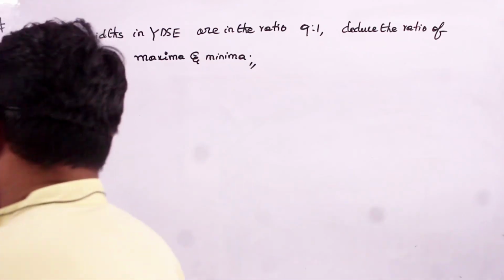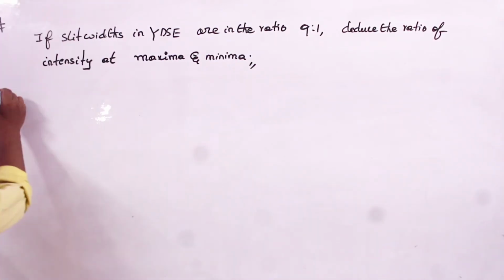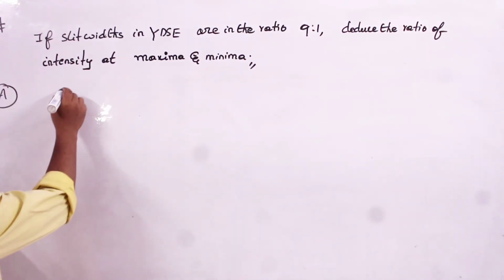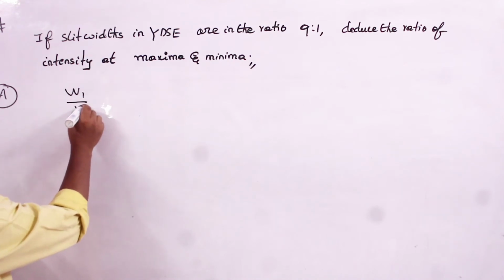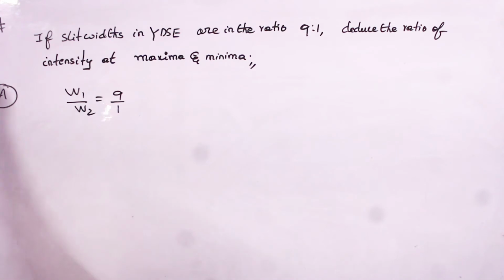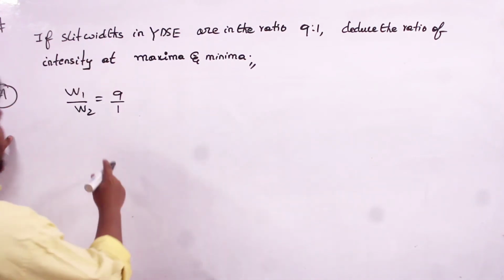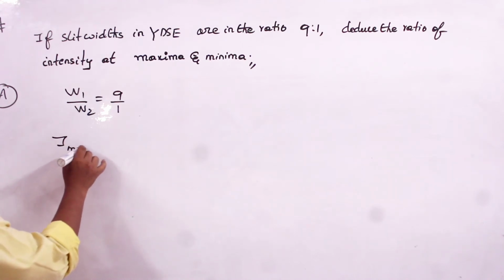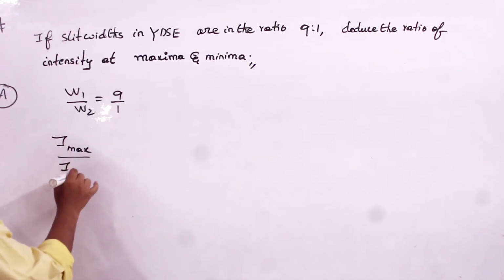Okay, so see this question. Slit widths are in the ratio of 9:1, so W1 by W2 is in the ratio of 9:1. This is the question, no? Then he is asking us to find the ratio of I max divided by I minimum.